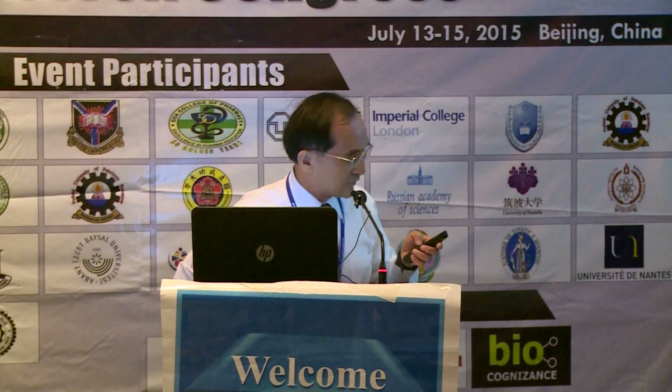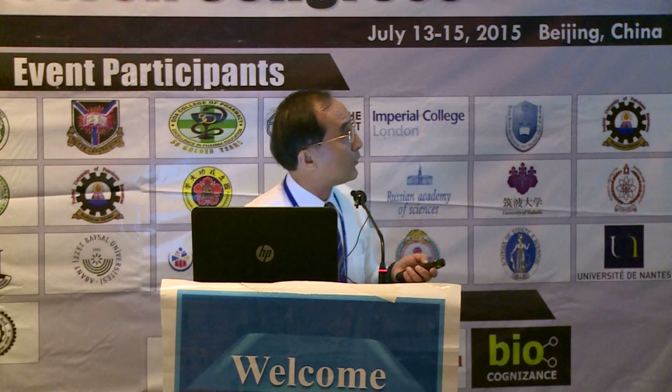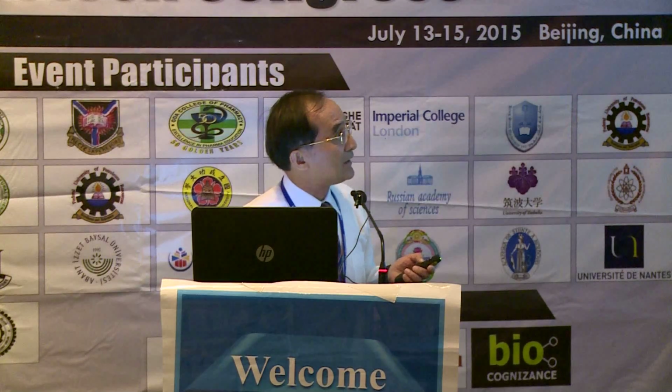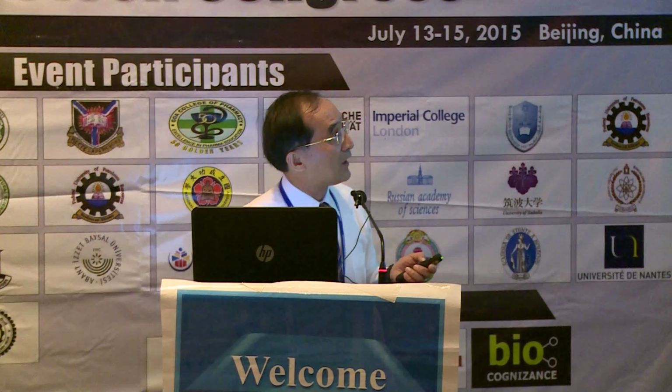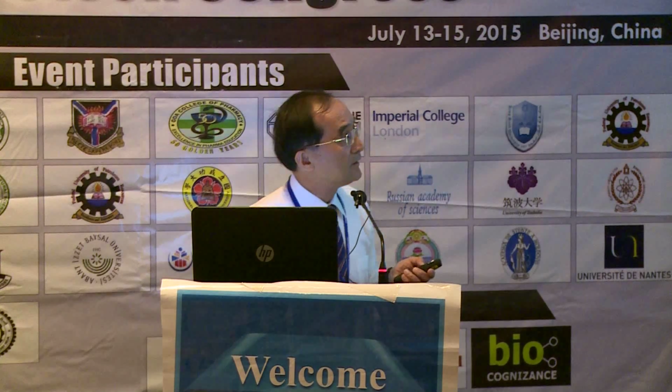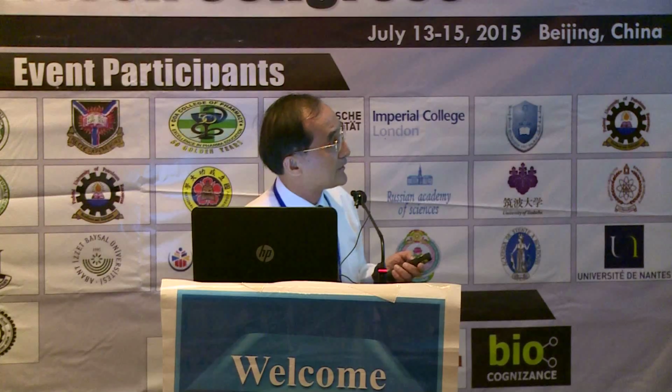This is a distribution of TB in the world. As you can see, Russia, East Europe, China, India, South Asia, and Africa have high rates of TB cases.